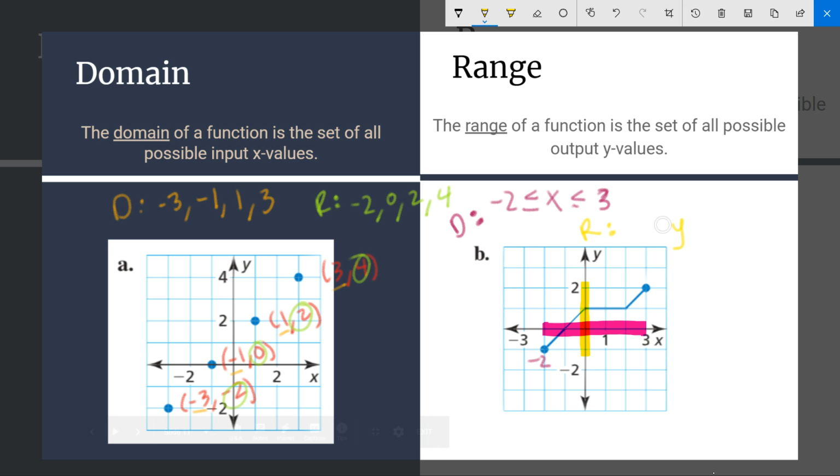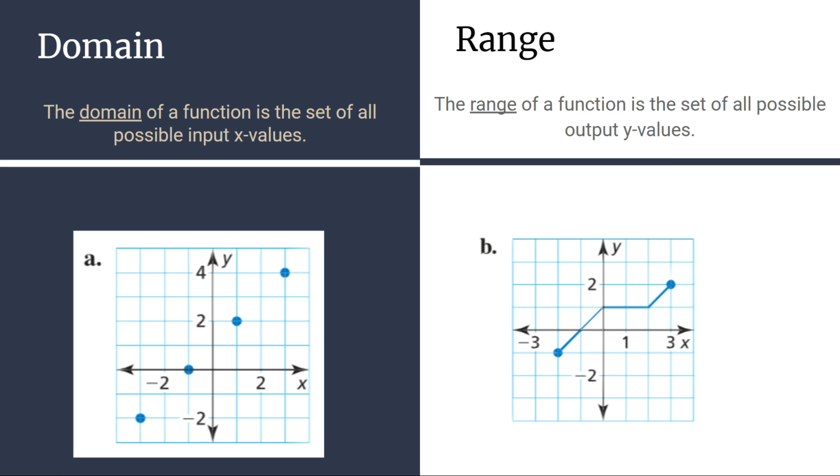So that means the y values are greater than or equal to -1, but those same y values are also less than or equal to +2. This is how we would show every possible y value over that section. Okay.